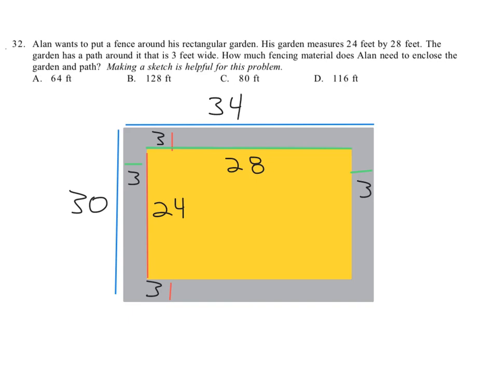That whole distance around. Now, he's putting fencing around it. So what's he going to do? He's going to put something that starts here, goes 34 feet, 30 feet, 34 feet, 30 feet back again. He's finding the perimeter of this thing, right? Because he's putting a fence around it. So 34 plus 30 plus 34 plus 30, and we can just do that math over on the side.